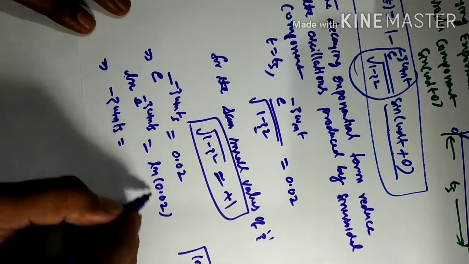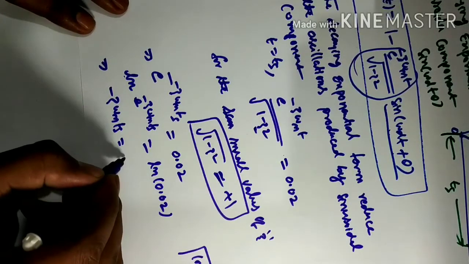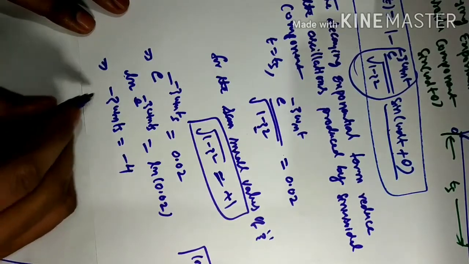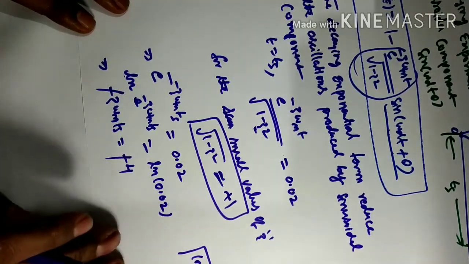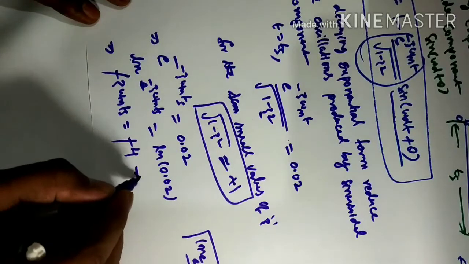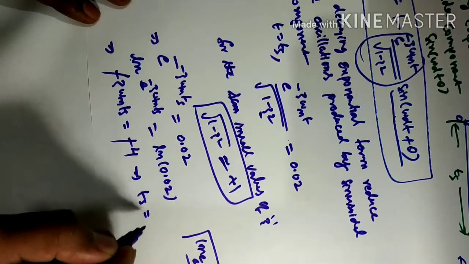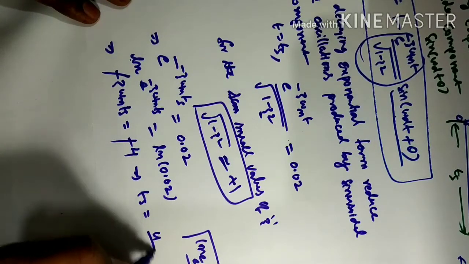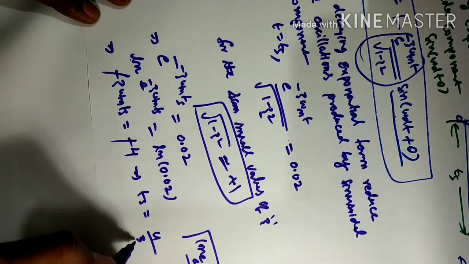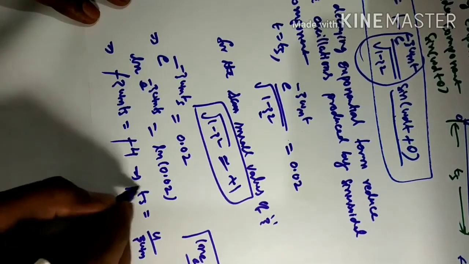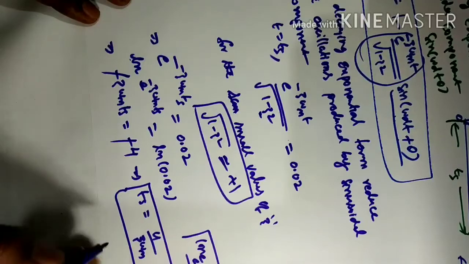When you use a calculator, you will get approximately minus 4. This minus gets cancelled. We need the settling time, so ts equals 4 by zeta omega n. This is the expression for settling time.